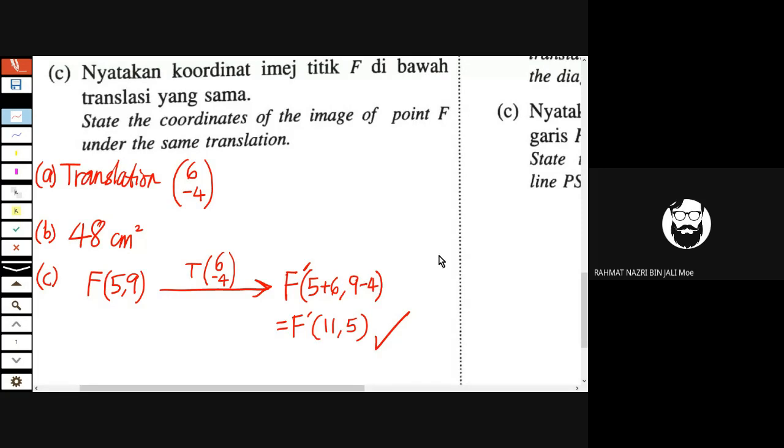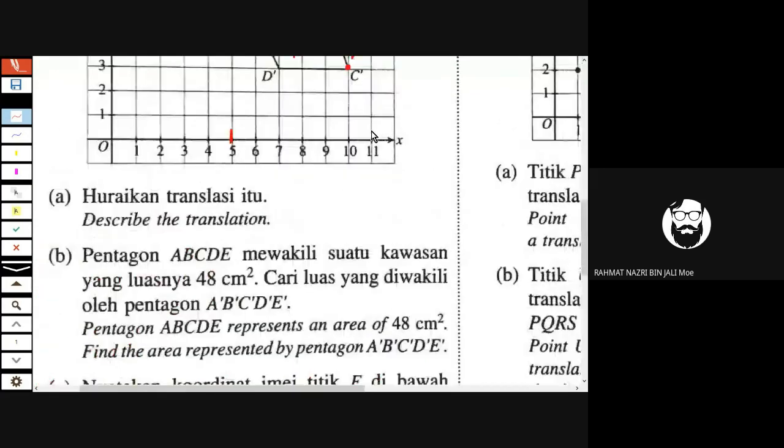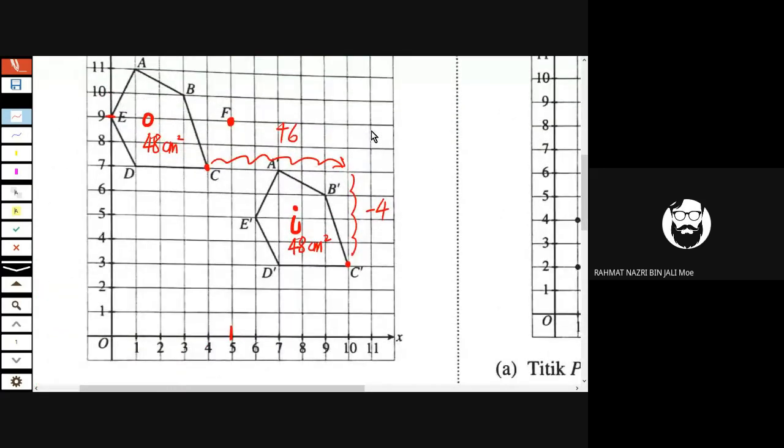Jadi saya akan tunjuk by drawing. You boleh draw di atas sana, dengan pergerakan 6 to the right and 4 downward. Okay, saya akan tunjuk pergerakan dia ke kanan sebanyak 6. 1, 2, 3, 4, 5.